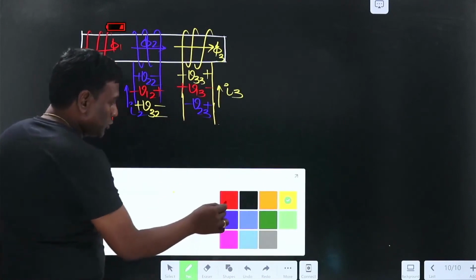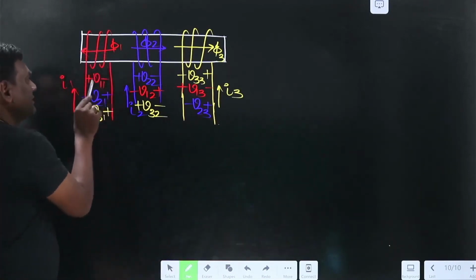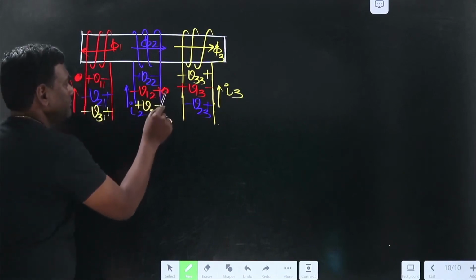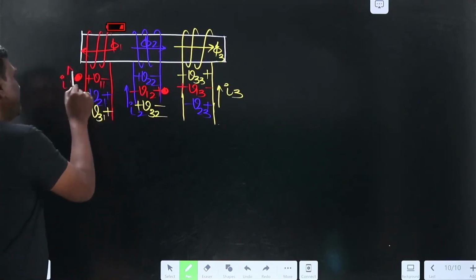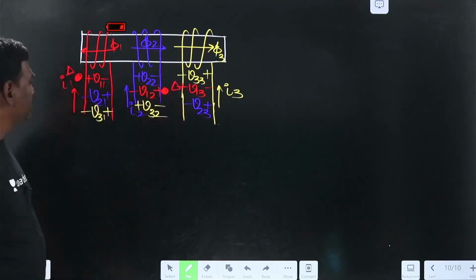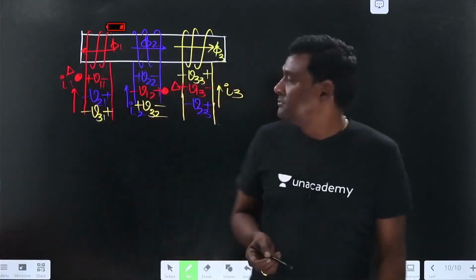Now we are supposed to keep dots. Simple. Self, mutual; now self, mutual, because different diagrams we have to use for the coupling.